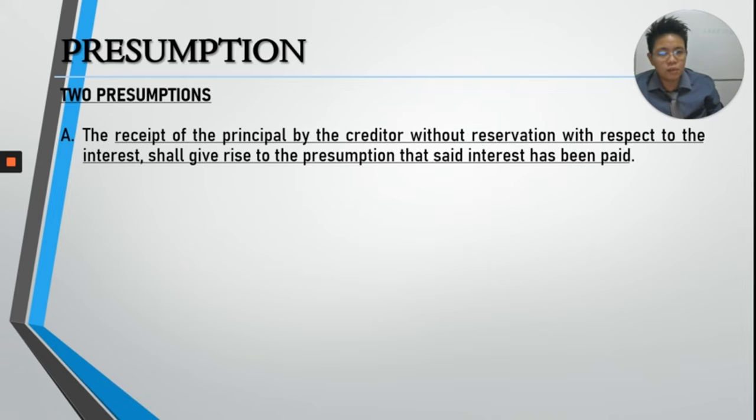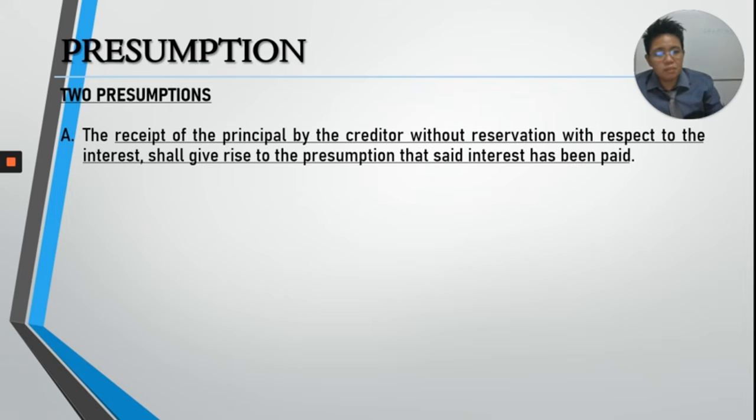So, receipt of the principal by the creditor will give rise to a presumption that interest has been paid. Kasi pagka nagbayad ka, tapos yung bayad mo ay hindi naman buo, tapos may interest pa yung utang mo. Pagka nagbayad ka ng partial, ang presumption is that you are paying the interest. Now, kung bayad mo na yung interest, dun palang i-apply sa principal yung amount being paid.